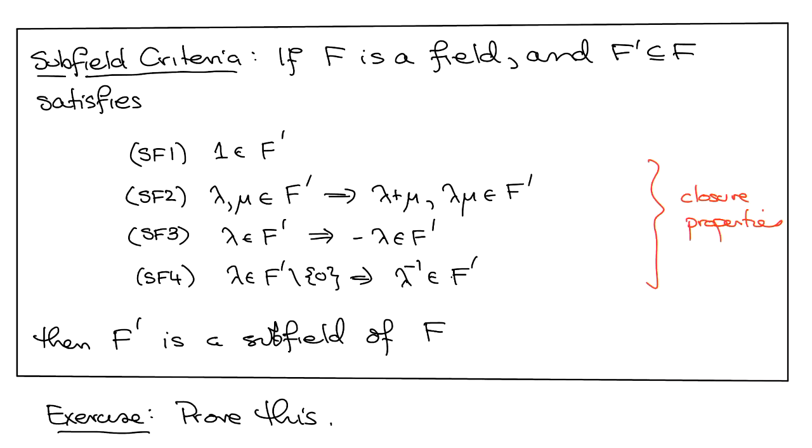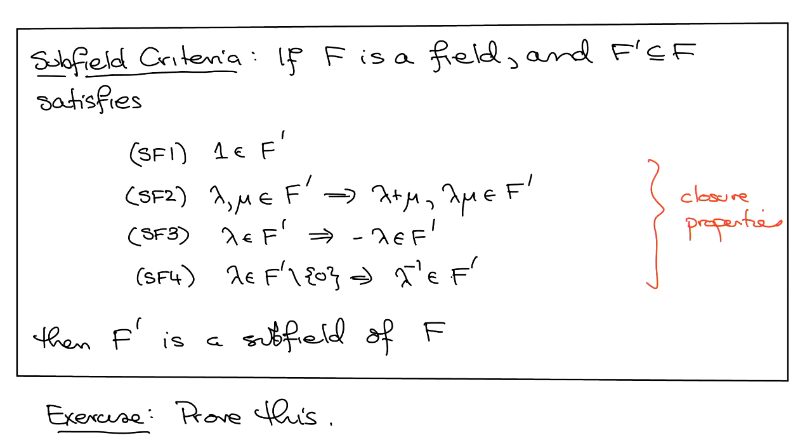And really, if you leave this out, you'll get things you don't want to be a field. A field's meant to have a 1, so if F prime is to have any hope of being a field, it had better have the identity in it as well. The 0 is going to be forced. Why is the 0 already there?